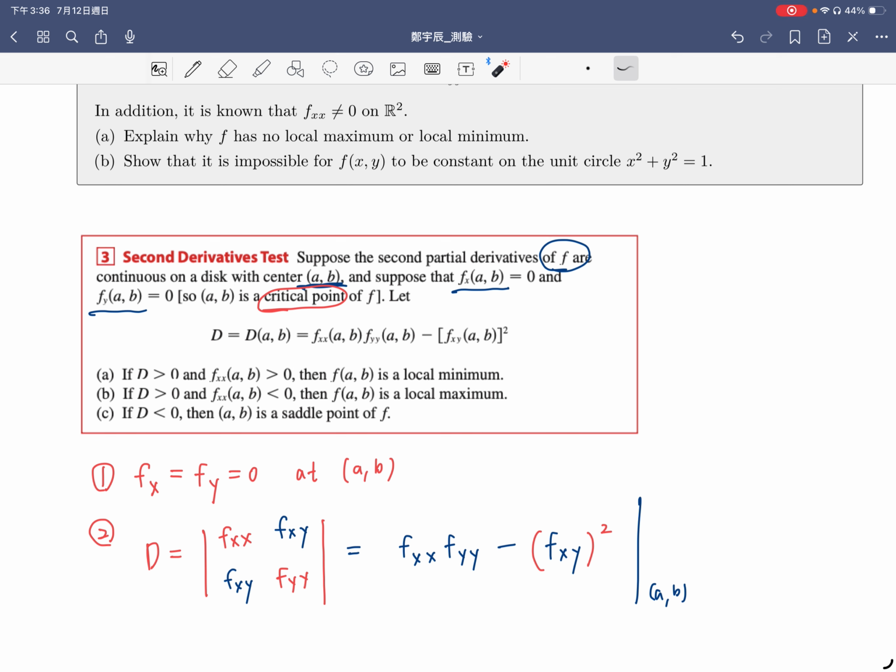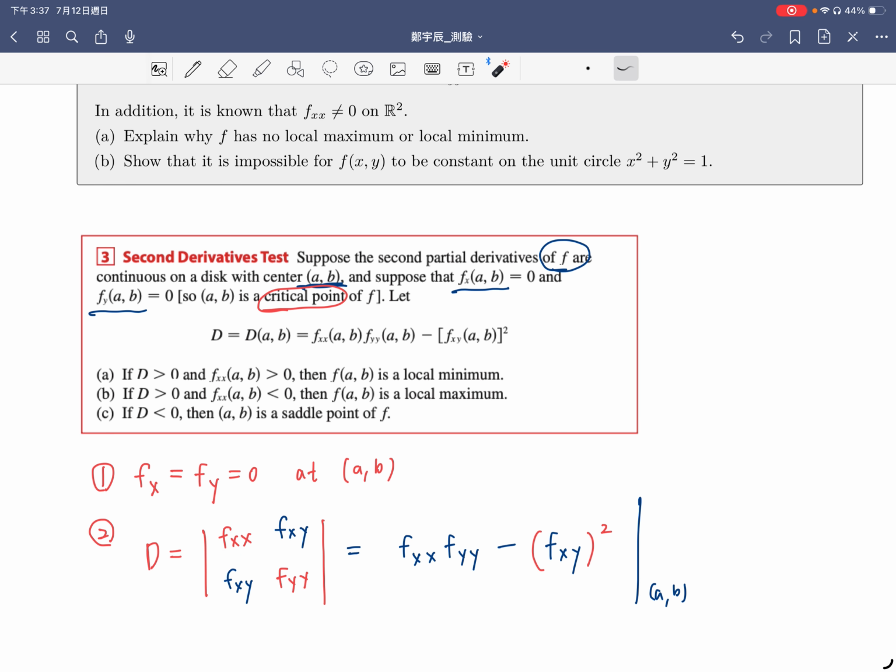In case 1, if the number evaluated at (a, b) is positive, then we take a look at fxx. If fxx is positive, then the point is a local minimum.